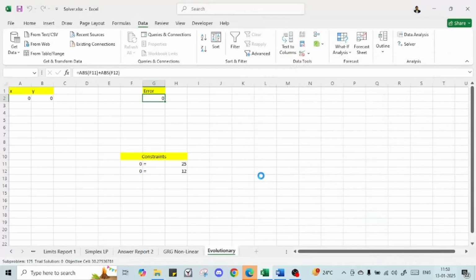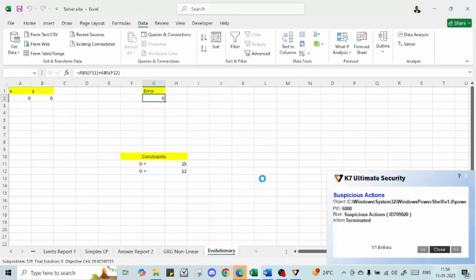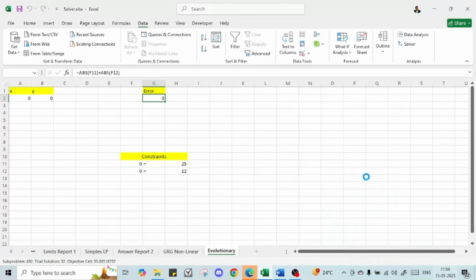It goes in this way. Now the objective cell error is about 29.92. We have to minimize it further, and the system is checking to minimize it further.